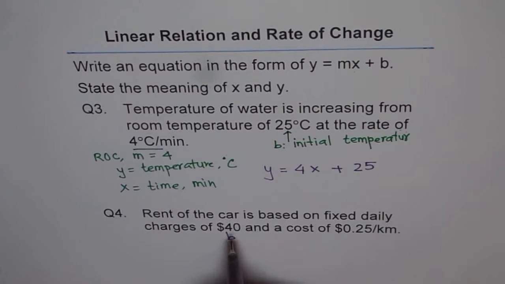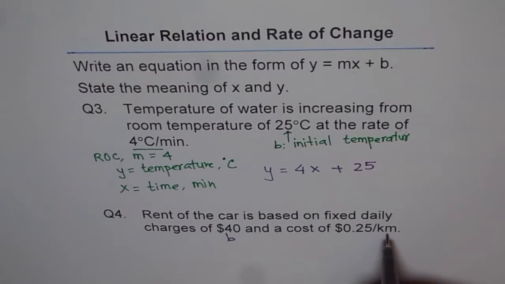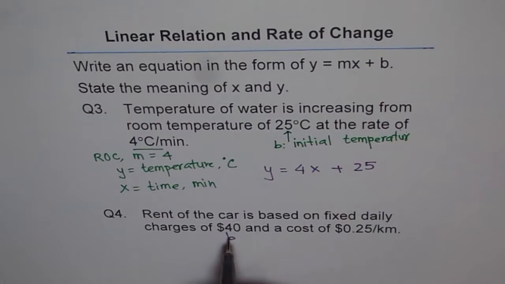Whether you drive or not, you have to pay $40, and that is what we call initial value when x is 0. x is your independent variable, correct? Which is distance in this case, in kilometers. So whether you drive or not, you have to pay $40 if you have rented a car.